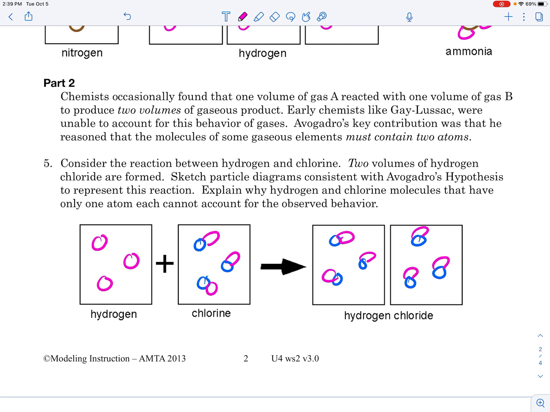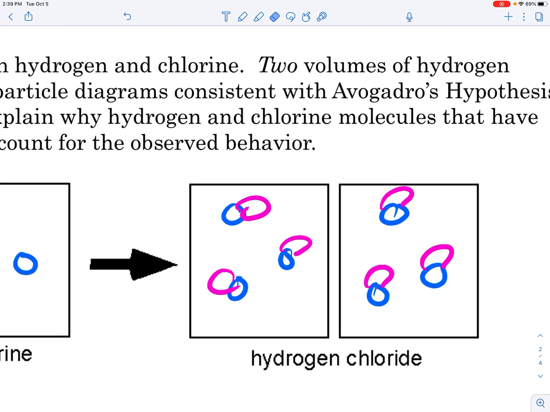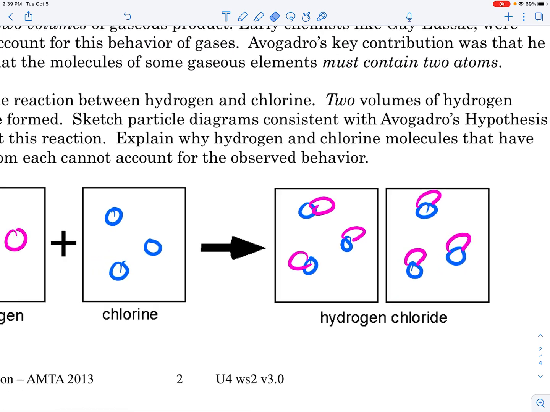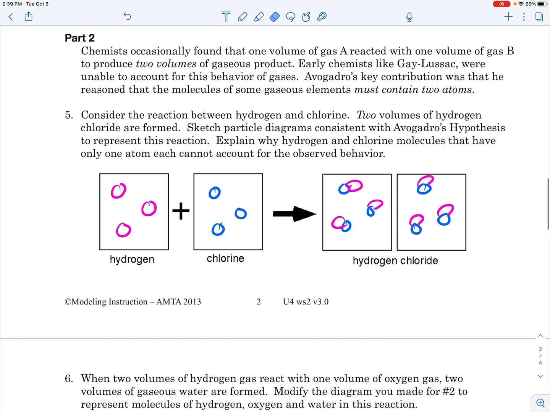But that doesn't seem possible because, I need to go back here. These guys I didn't want here. If I'm making 2 volumes of hydrogen chloride, I've got too much stuff, too many particles on the right and too few particles on the left. We can't just create particles out of nothing.